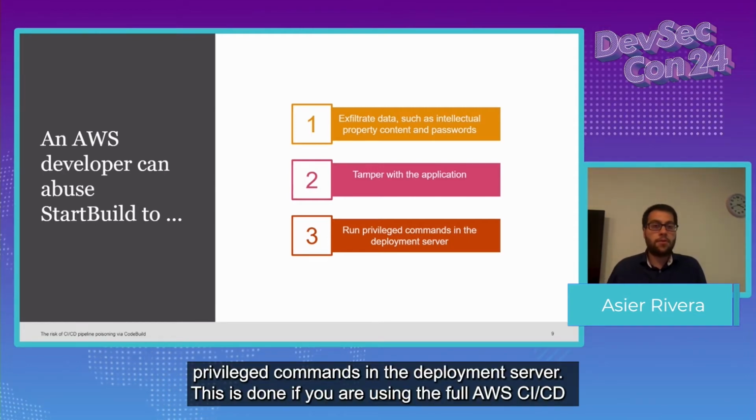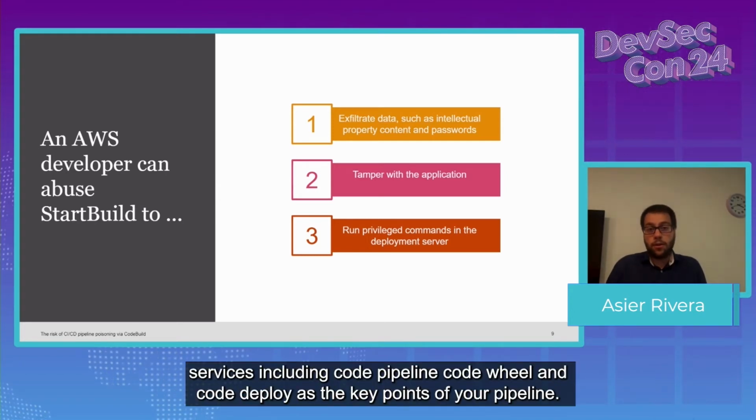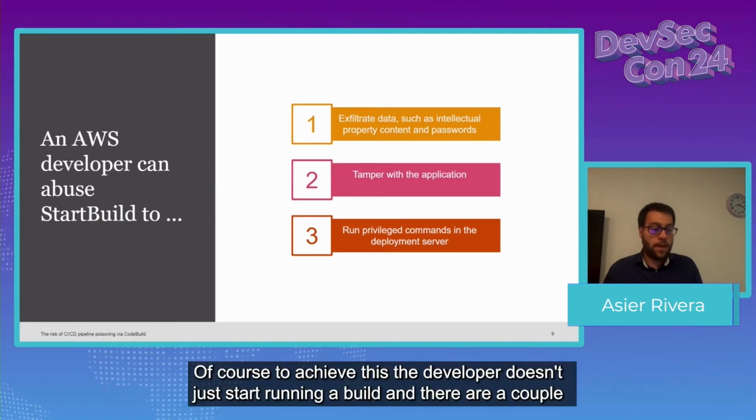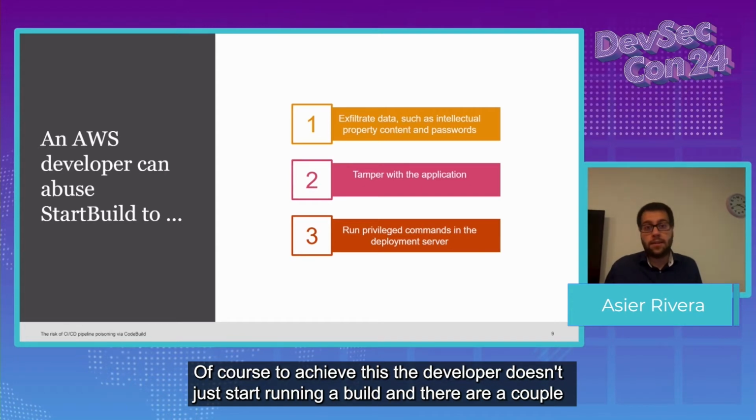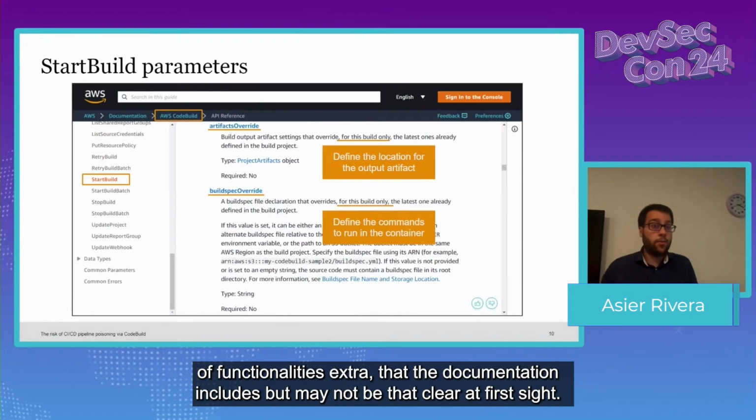This is done if you are using the full AWS CI/CD services, including CodePipeline, CodeBuild, and CodeDeploy as the key points of your pipeline. Of course, to achieve this, the developer doesn't just start running a build, and there are a couple of extra functionalities that the documentation includes, but may not be that clear at first sight.